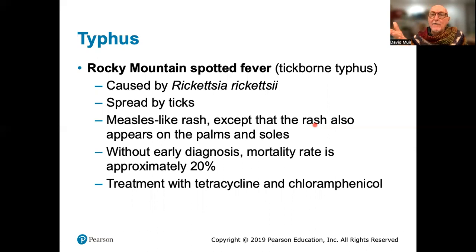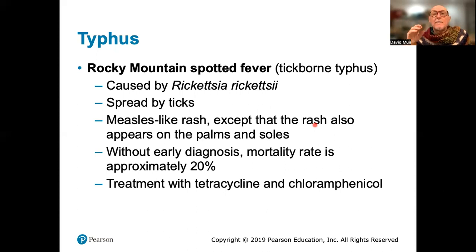The tick-borne typhuses, there's a huge array of them all over the world. And most of them, in fact, are self-limiting diseases, very debilitating, but mostly self-limiting. But this one, Rocky Mountain spotted fever, actually has amongst the highest mortalities of all of the rickettsial diseases.